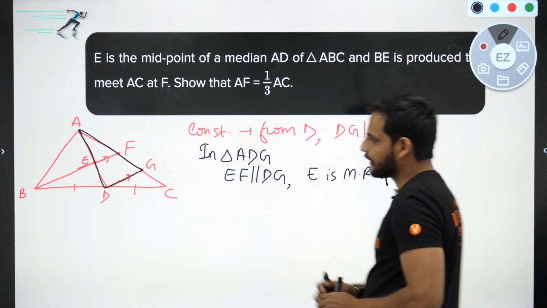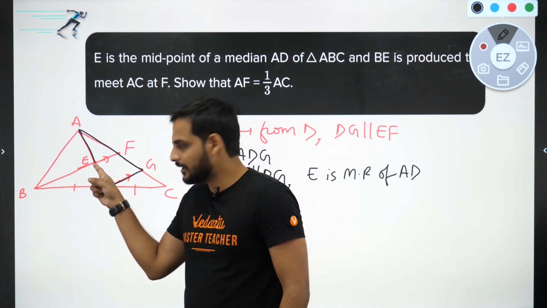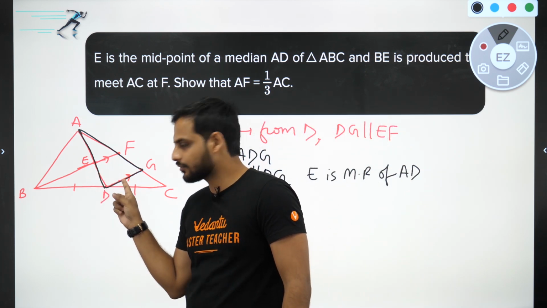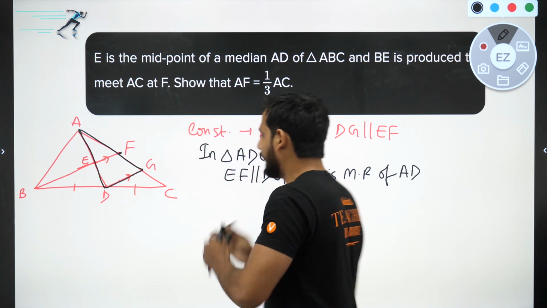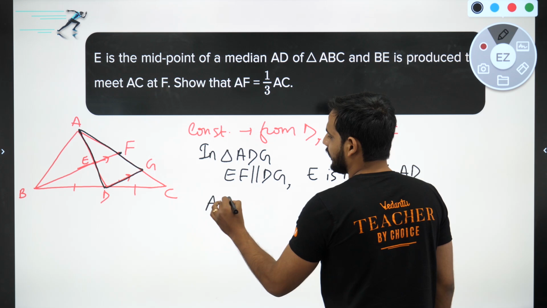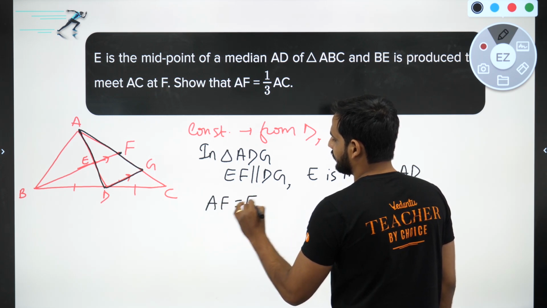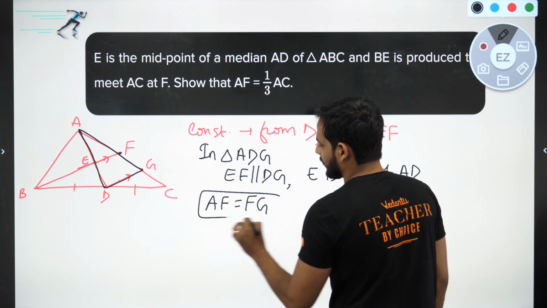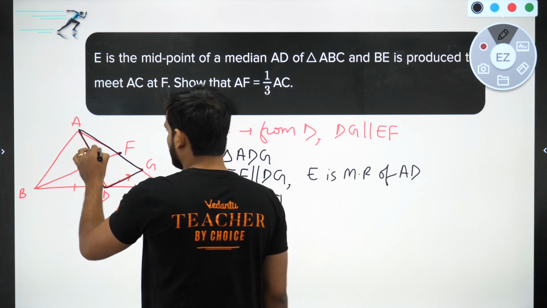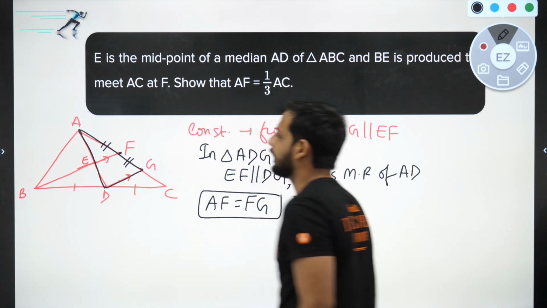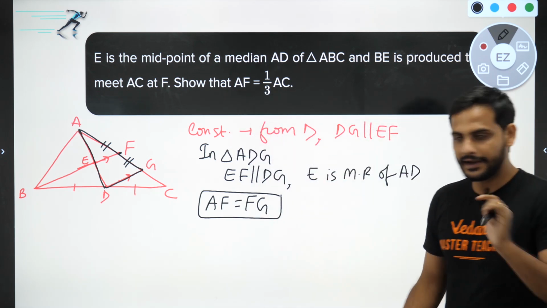So I can use the converse of the midpoint theorem: a line drawn parallel to another side, from the midpoint of one side, will intersect the third side at its midpoint. So I can say that AF is equal to FG. These two parts are equal.